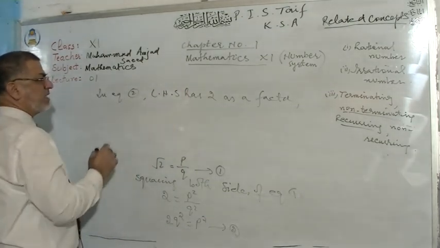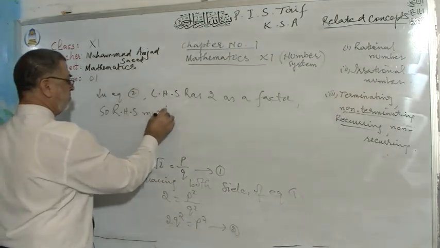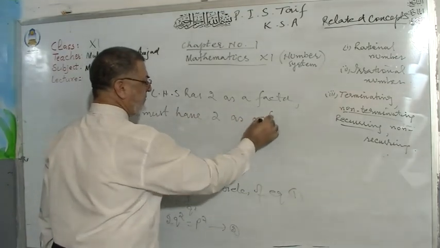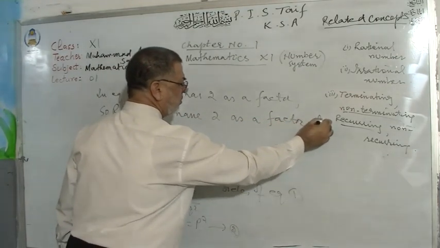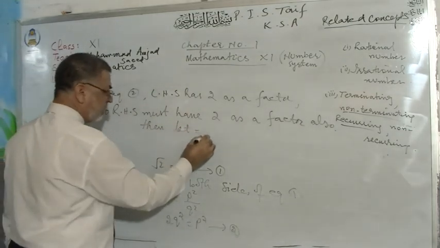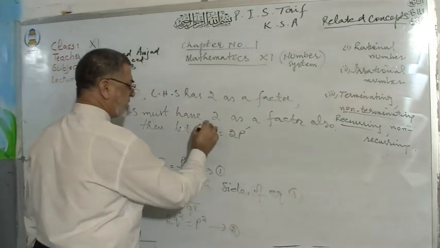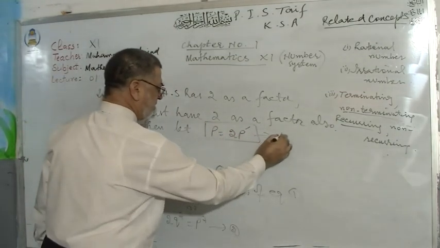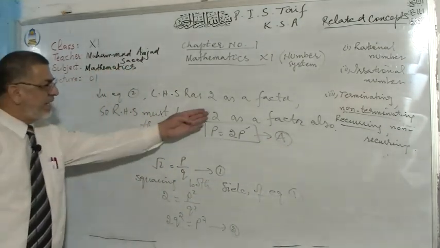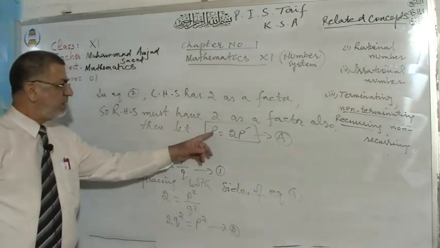So right hand side must have 2 as a factor also. Then let p is equal to 2p dash. Suppose this is equation A.